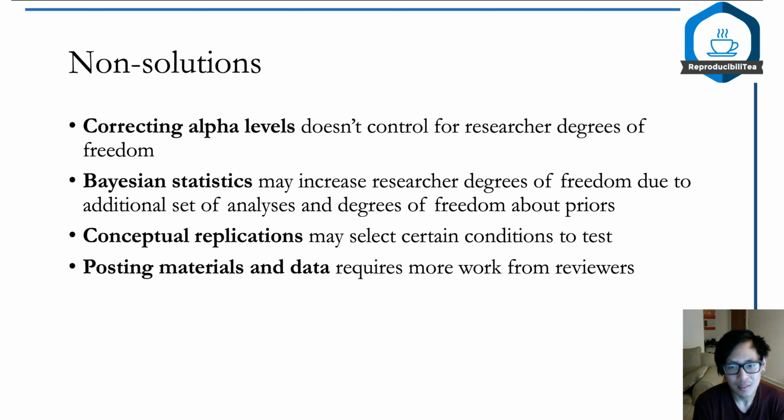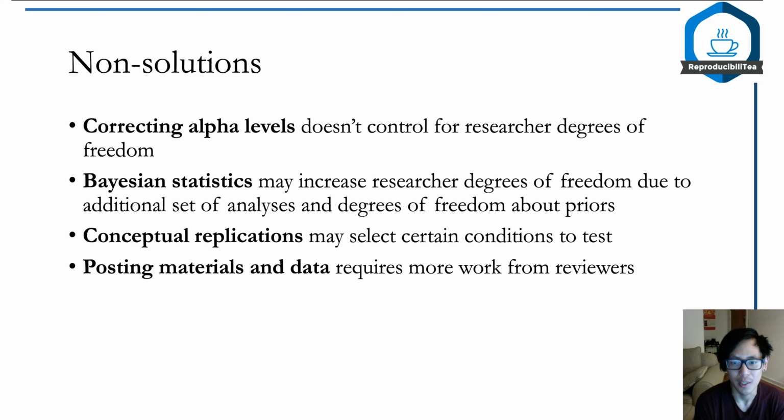Bayesian statistics might appear to be a solution because you're collecting your evidence based on additional data, and you can make your conclusions based on the data alone. But the authors of the paper, Simmons et al., point out that this gives another set of analyses for researchers to include. So it increases the researcher degrees of freedom.